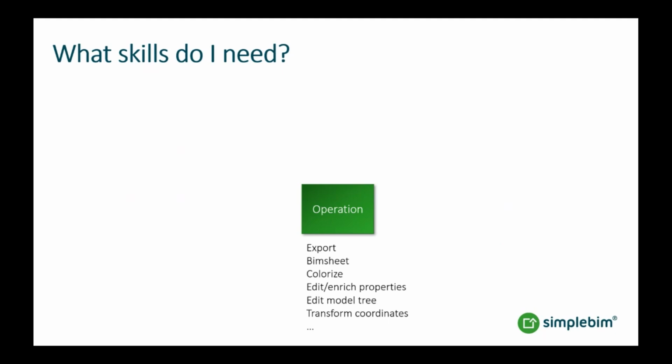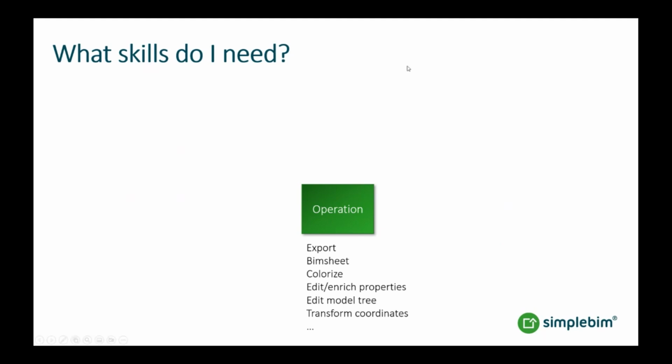You can edit the model tree, the containment structure, building stories, if some furniture is inside a space, and all that kind of things. When you need to fit models together, you can transform coordinates, and there's a lot more that you can do. And I will show some of them today in this webinar.